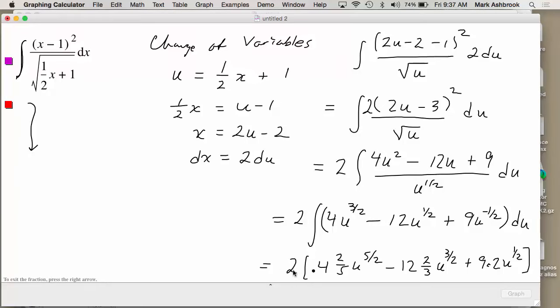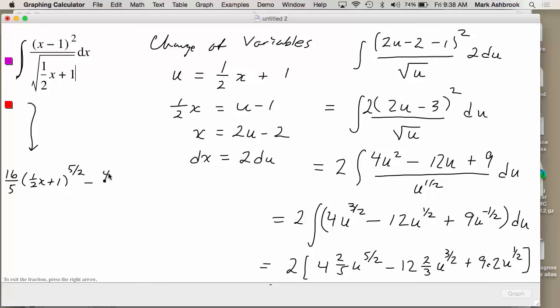So it's going to be 16/5 what? 1/2 x plus 1 to the 5/2 is the first term. What's the next one? 2 times negative 48/3. 2 times 12 times 2.